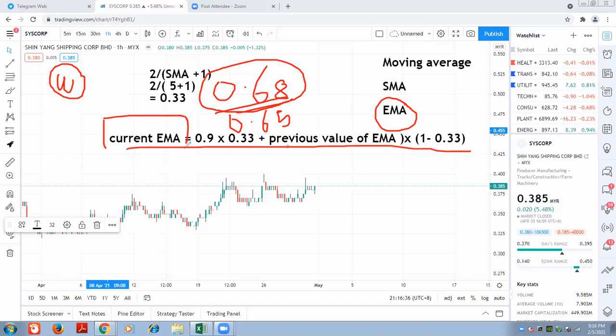So people who find out why we need to do the EMA, it's actually based on the purpose of using the EMA compared to the SMA. So we talk about the difference now. What is the SMA? What is the EMA? Why do we want to use the SMA?